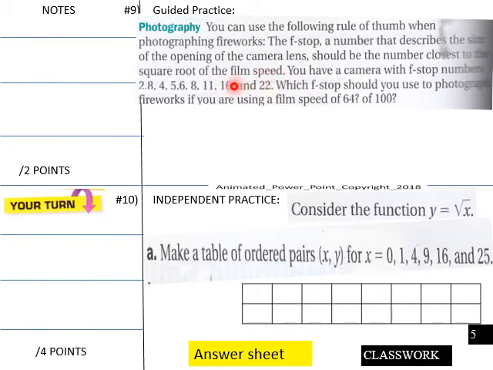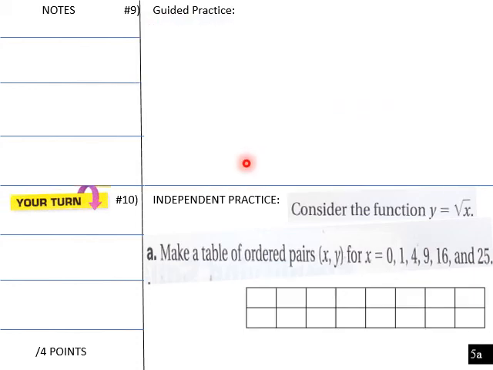You have a camera with f-stop numbers of 2.8, 4, 5.6, 8, 11, 16, and 22. Which f-stop should you use to photograph fireworks if you are using a film speed of 64 or of 100? So what f-stop should we use for that?